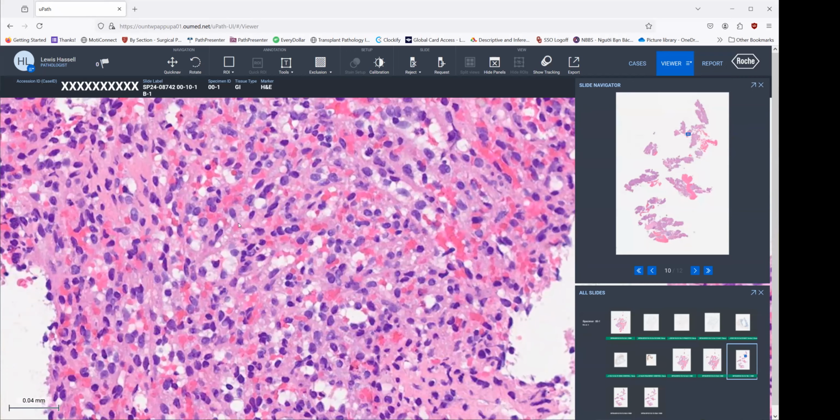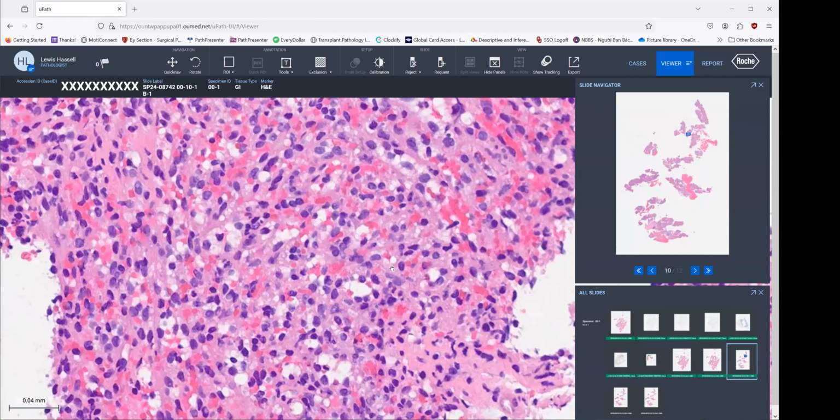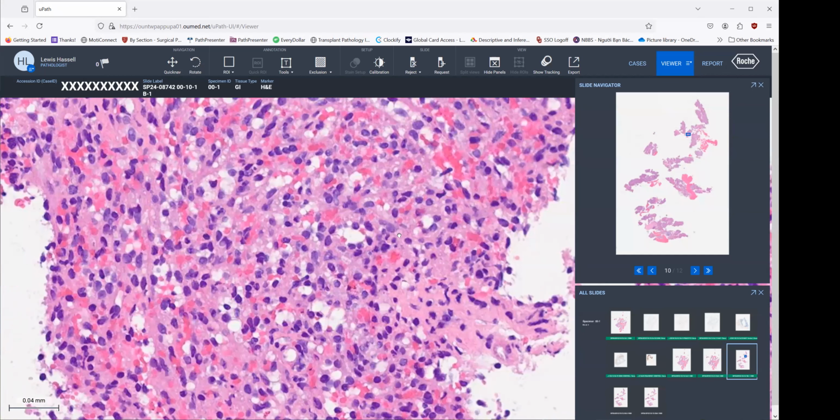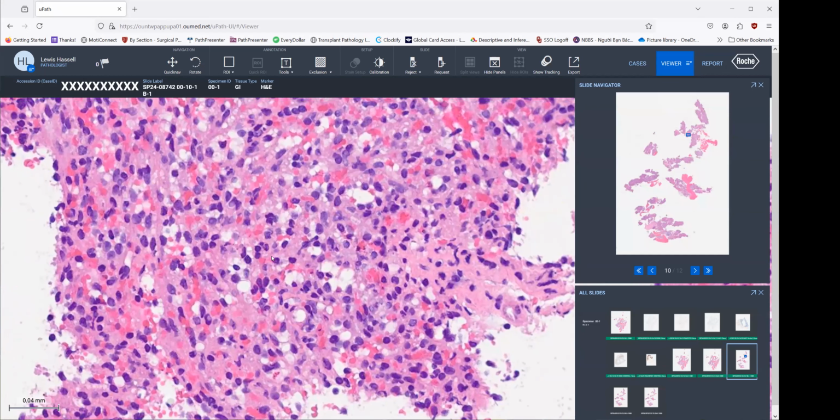If you want to jot down in the chat what you think this might be, I would be interested in your thoughts about what kind of a tumor this might be. It's clearly not cirrhosis.